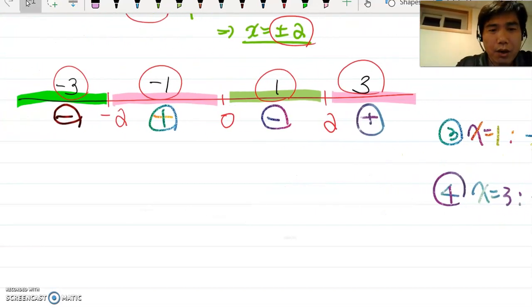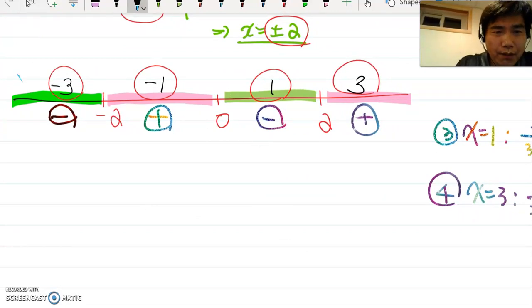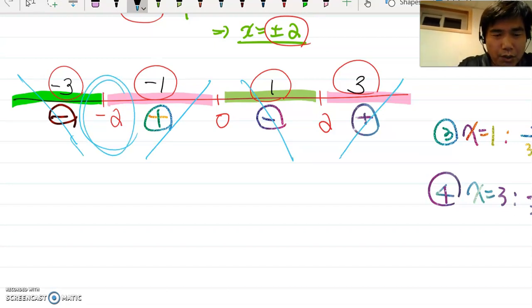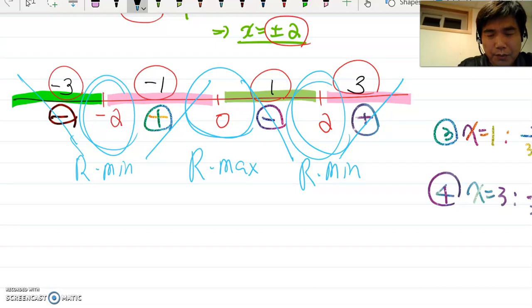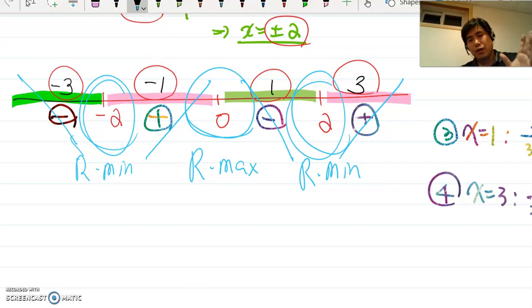Okay, then now we can write negative, positive, negative, positive. So of course this will be our relative minimum. This becomes the relative maximum. This becomes also a relative minimum. Here, most likely the relative minimums can have the same y value, but actually it can be a different value too.